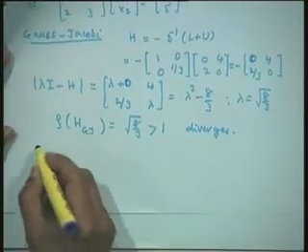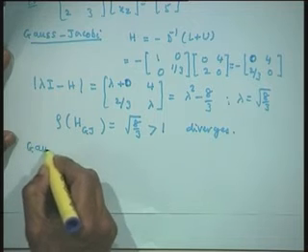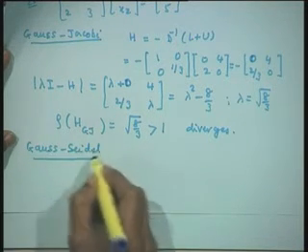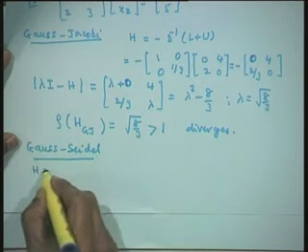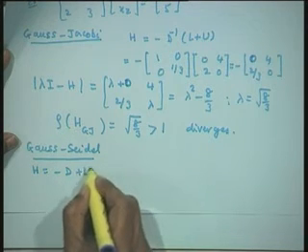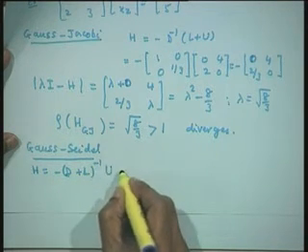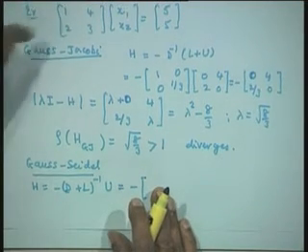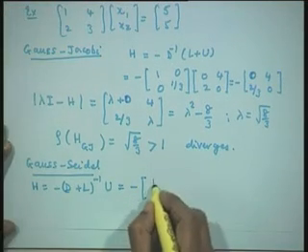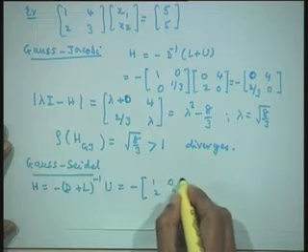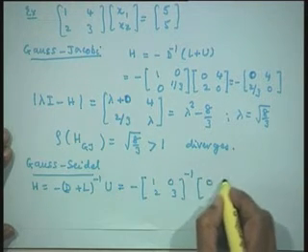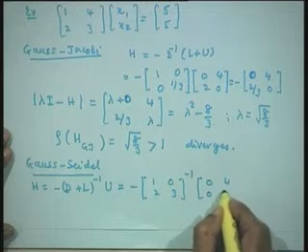Now, let us do the same thing and see whether Gauss Seidel is going to converge. We have H is equal to minus D plus L inverse of U. D plus L is the lower triangular part 1 2 and 3, 1 2 3 0, inverse. The upper triangular part is simply containing 4 here, 0 0.